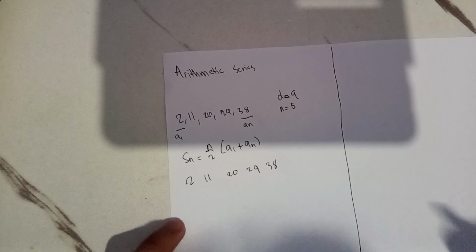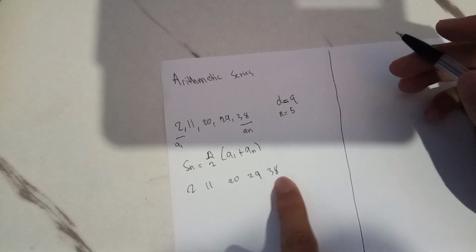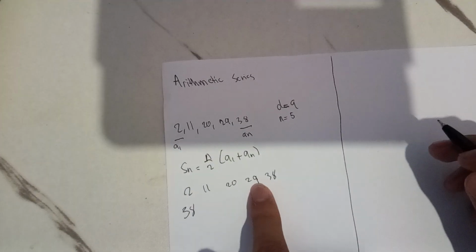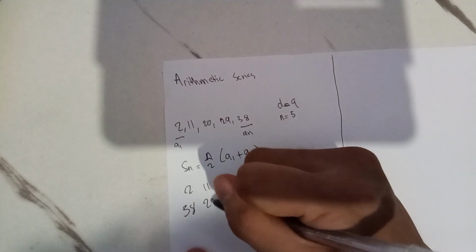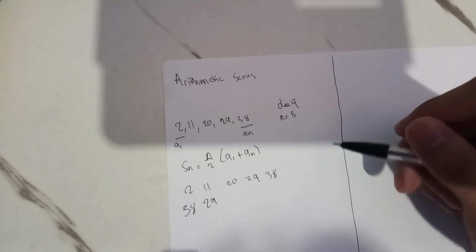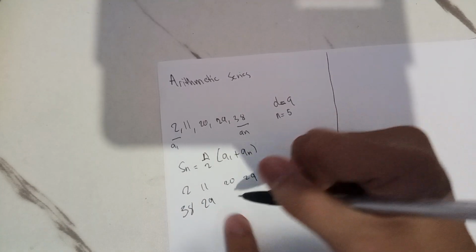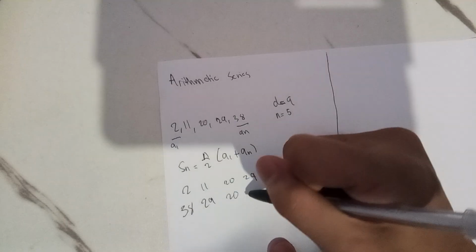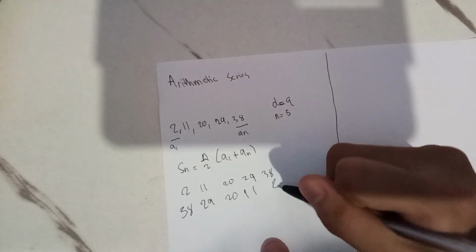So, paano yung sinasabi ko? Ganito. So, 38 na sa dulo, lalagay natin sa tapat ni 2. Second to the last 29, sa tapat ni 11. 20, since sa gitna siya, it's the median, so 20 lang din sa gitna. And 11 dito. And then, 2 dito.